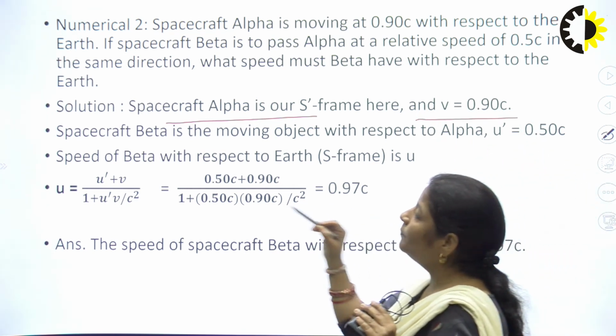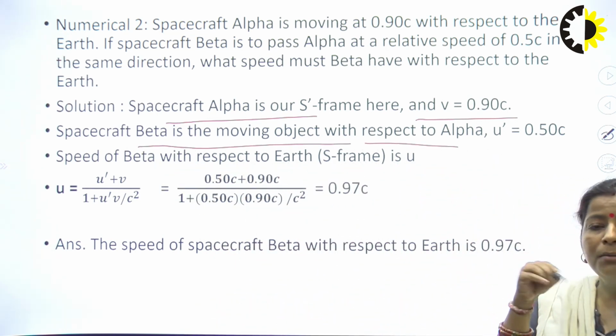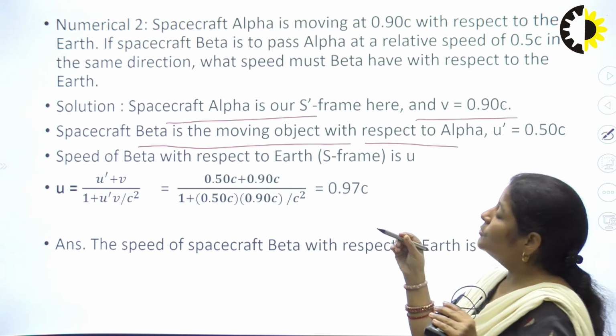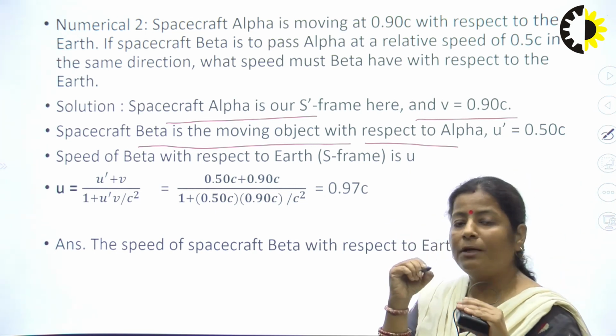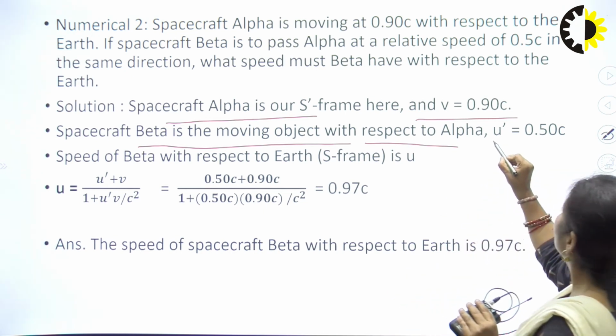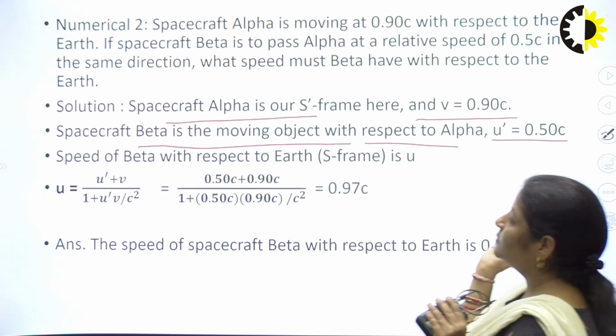So this is v, and spacecraft beta is the object which is moving inside alpha. So it is the moving particle which we used to refer to in the S dash frame. So its velocity will be termed u dash equal to 0.5 c.